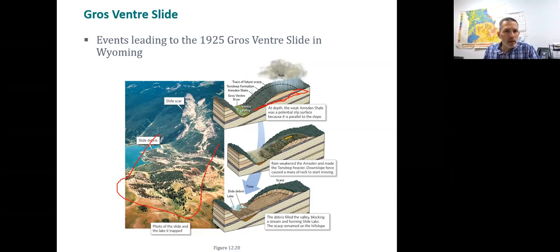And so not only did it cause a problem for anyone who was living underneath the slide, but anyone further downhill, because this lake, which was being fed by water constantly moving downhill, had no place to go.